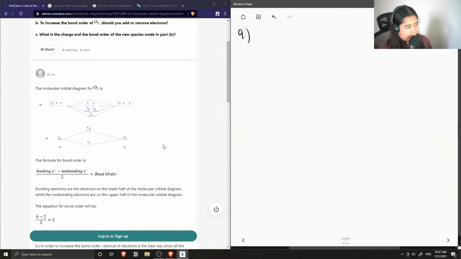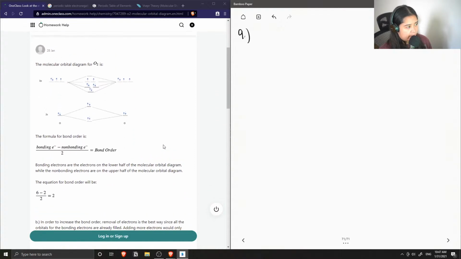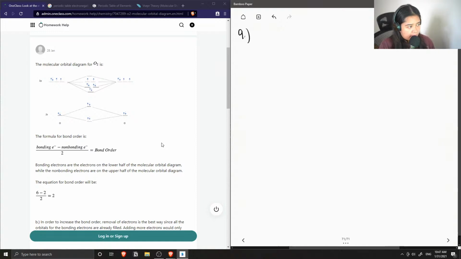So they included the molecular orbital diagram for oxygen, but let me kind of label it a little more. I'll draw in all of the different orbitals here.